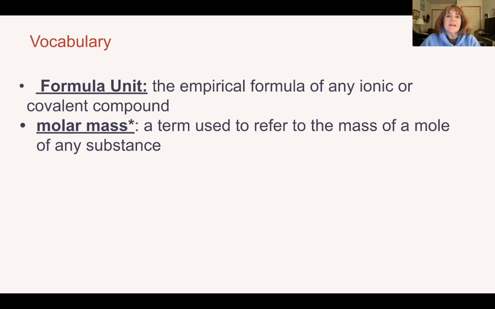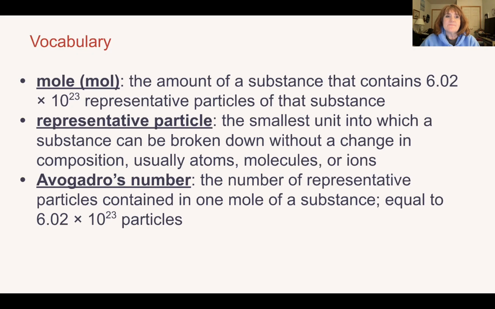So things like C2H3 is an empirical formula, but that's a molecule, whereas C6H12 is not an empirical, so it's not a formula unit. The molar mass is a term used to refer to the mass of a mole of any substance. So it could be a single atom or it could be a compound.